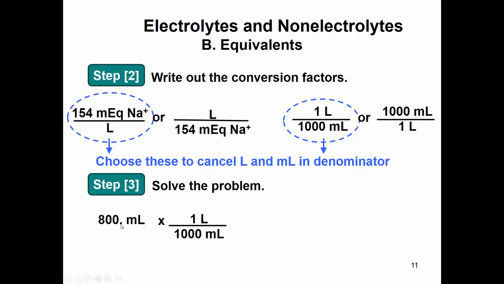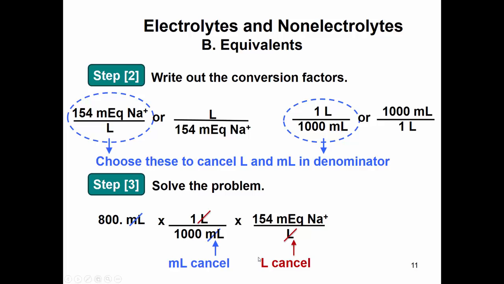So I take my 800 and I divide it by 1,000. You may be able to do that in your head or on paper. Basically you move your decimal place over to 0.8000 liters. Okay, but if not, now I'm in liters. So then I multiply times my 154 milliequivalents per liter.